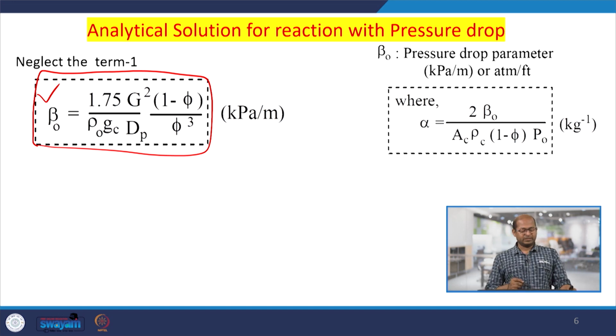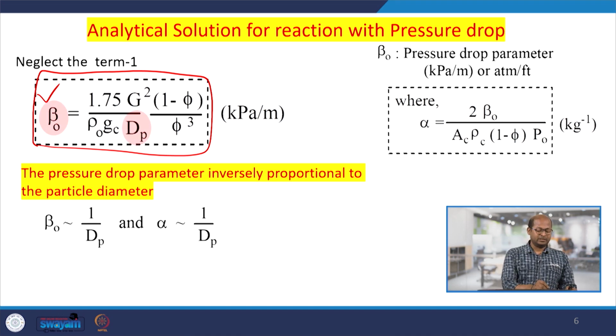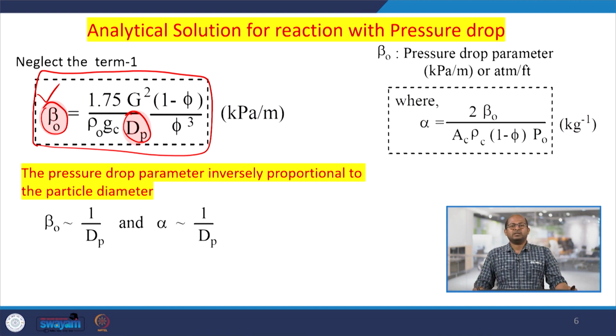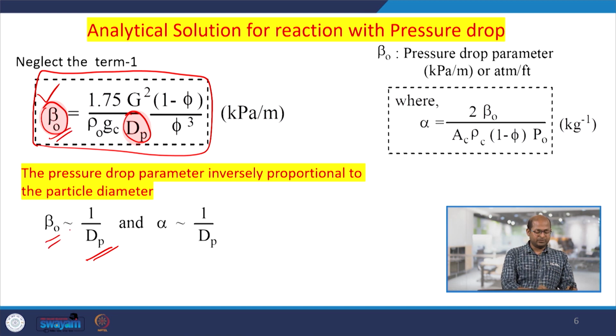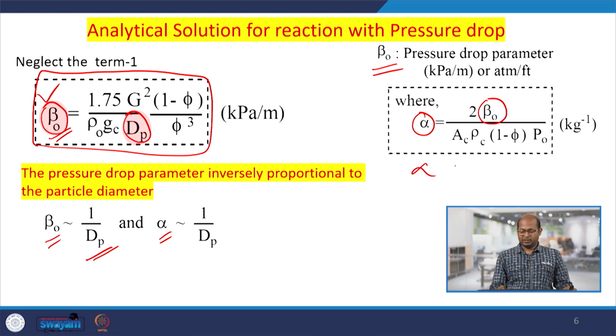Here one thing you can see is that the pressure drop parameter beta 0 is inversely proportional to the diameter of the catalyst particles that we have taken for our packed bed reactor. Means if we increase the diameter of the particles, then this pressure drop parameter will decrease. How are the pressure drop parameters alpha and beta related? Alpha is directly proportional to beta 0.